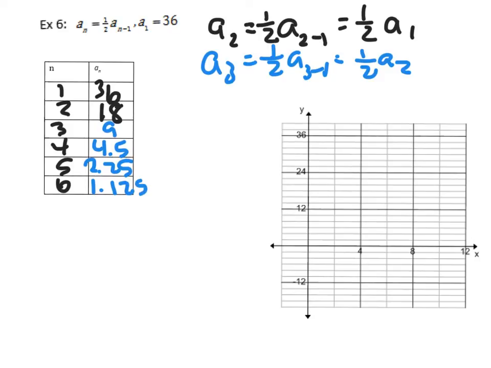So again, let me fix my pen. If I want to plot these, this might be a little bit harder. Let me use a thicker pen.